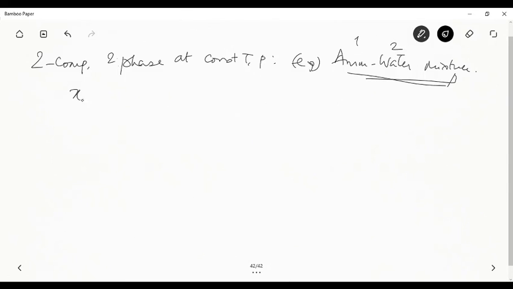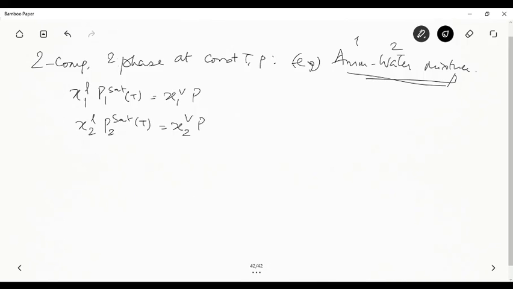Okay, so I say X1 liquid, into P1 sat at the given temperature, is equal to X1 vapor into P. And similarly, X2 liquid into P2 sat at T is equal to X2 vapor into P. So these are the two Raoult's laws that I have.